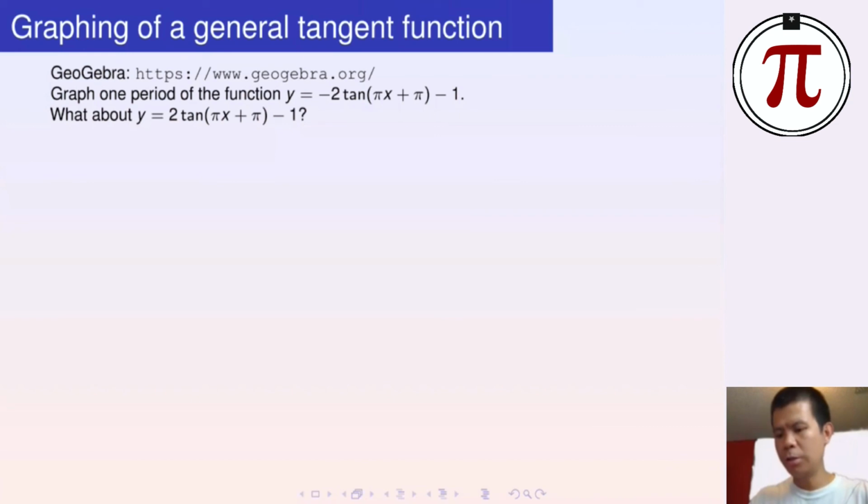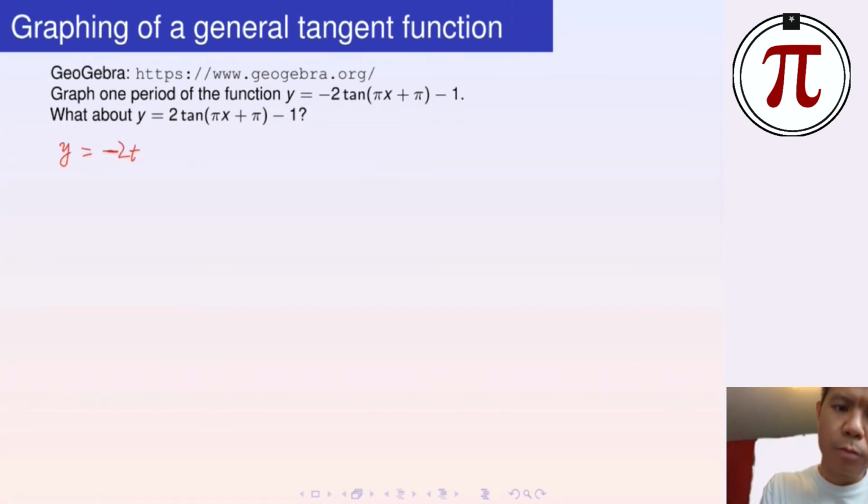Okay, let's determine the values here. It's easy to graph in GeoGebra. Just type in and everything will be good. For this one, y equals -2 tangent of (pi x plus pi) minus 1.